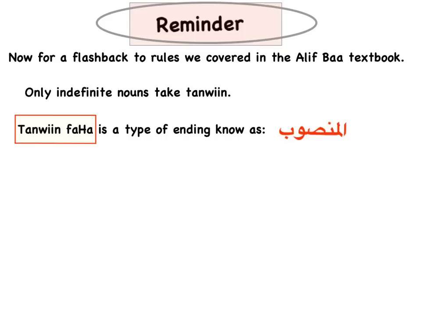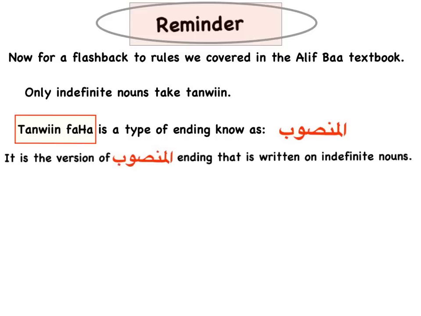So it's mansoub with a tanween, with double fathas. That's the N sound at the end. It is the version of mansoub ending that is written on indefinite nouns. So it's nothing special. When you want to put fatha, tunsab al-ism, if it's indefinite, you just use tanween instead of just one.